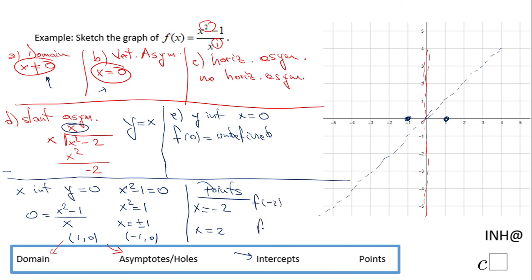You'll notice once you plug them in, for example negative 2, you're going to get close to negative 2, but it's going to be greater than that, somewhere here. And when you go to 2, you get a value that is less than 2, something like this. So that should tell you the way the graph is going to look.